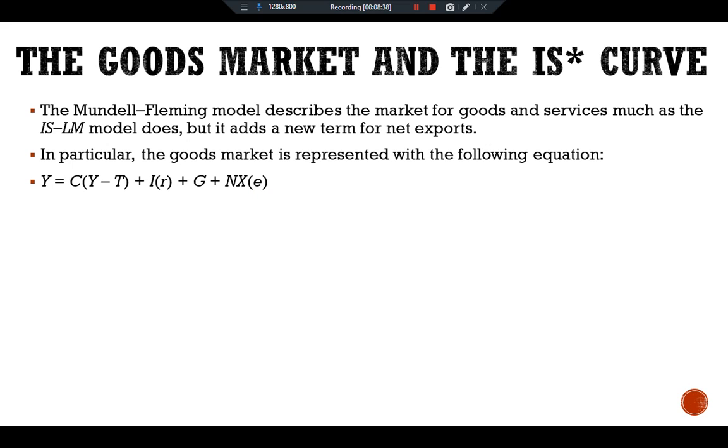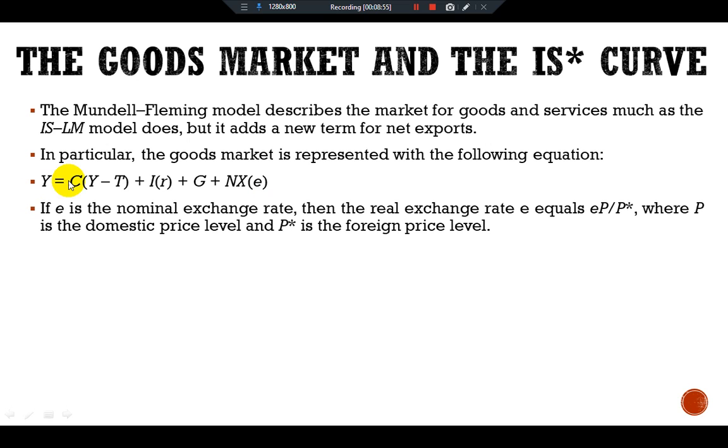You can recall from our previous videos that we can relate net export to the real exchange rate rather than the nominal exchange rate, the relative price of domestic and foreign currency. If E is the nominal exchange rate here, then the real exchange rate equals EP over P star, where P is the domestic price level and P star is the foreign price level.